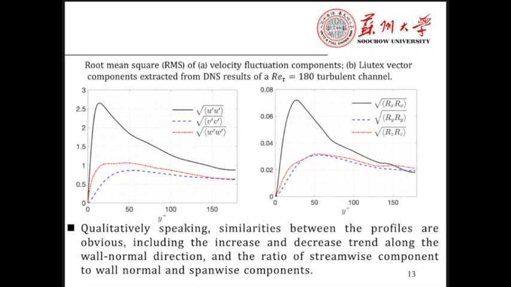So from the two figures, we can find similarities between the profiles, including the increase and decrease trend along the wall-normal direction, and the ratio of the streamwise component to the wall-normal and spanwise components.